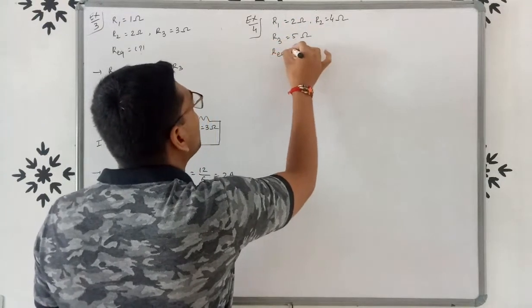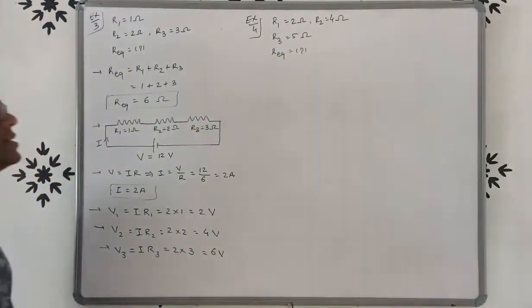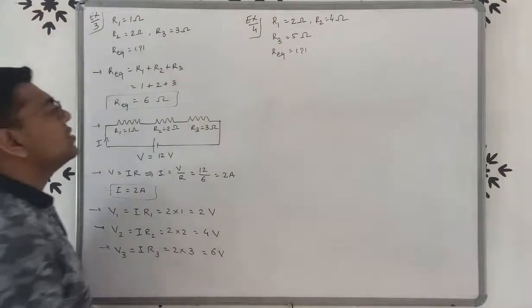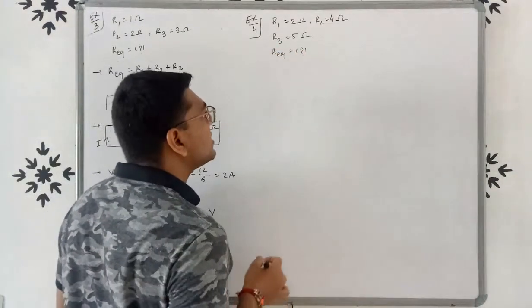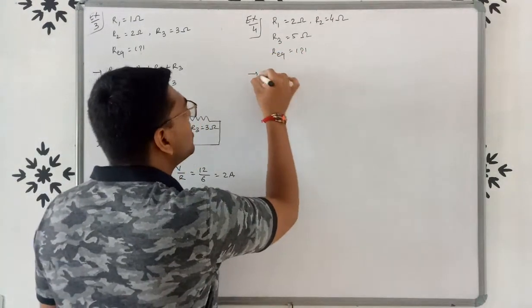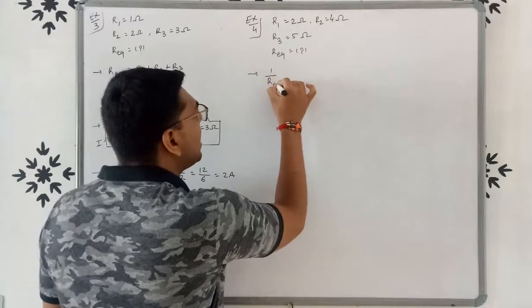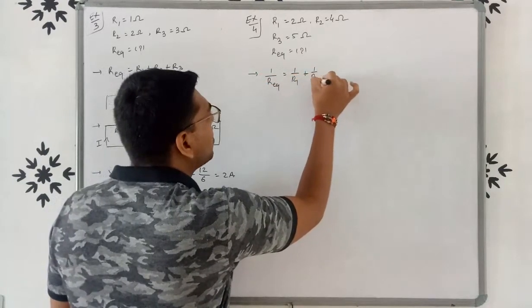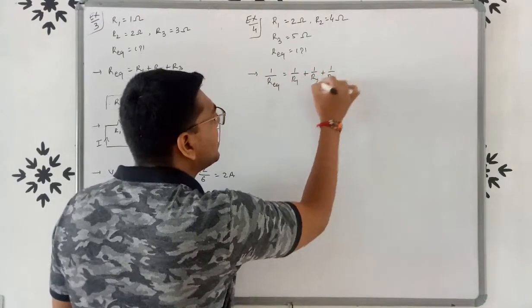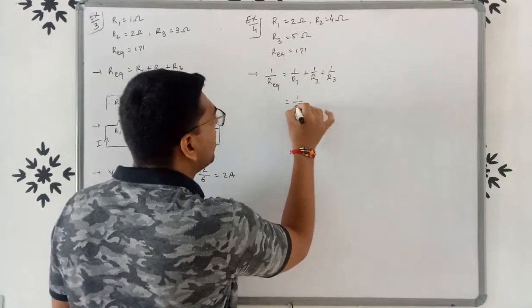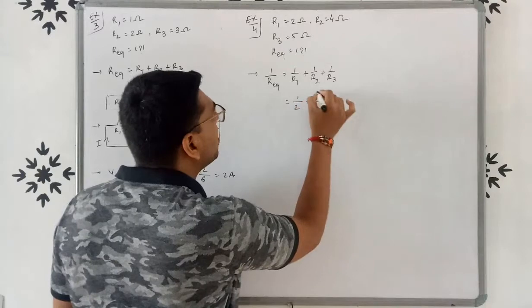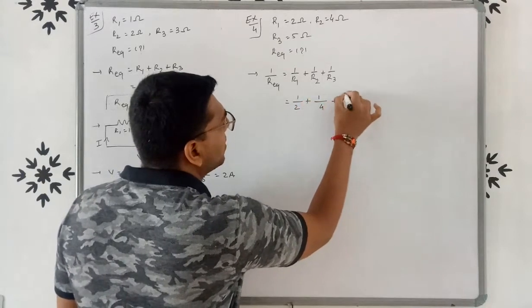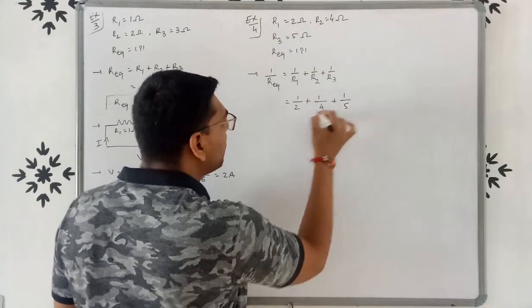We have to find out the equivalent resistance. So here these resistors are connected in parallel. So the formula will be 1 by R equivalent is equal to 1 by R1 plus 1 by R2 plus 1 by R3. That means 1 upon value of R1 2 plus 1 upon value of R2 4 plus 1 upon value of R3 5.